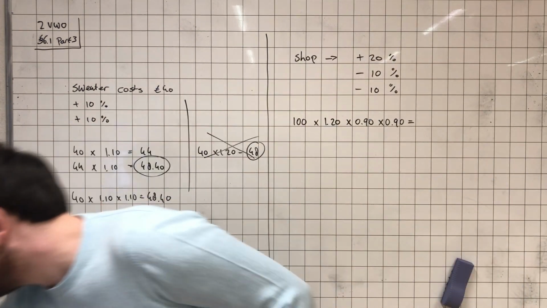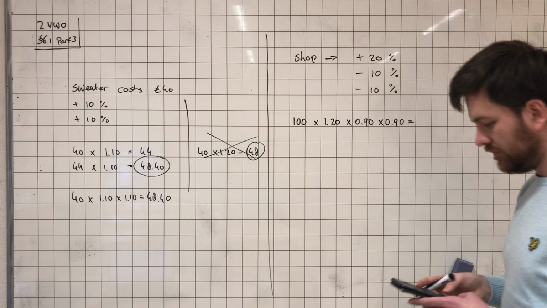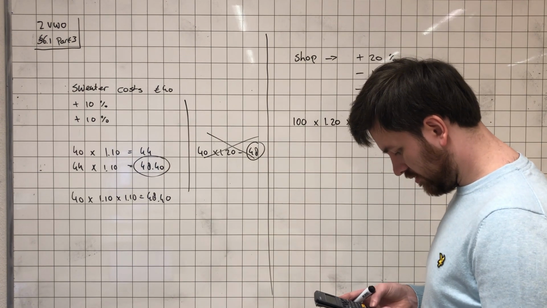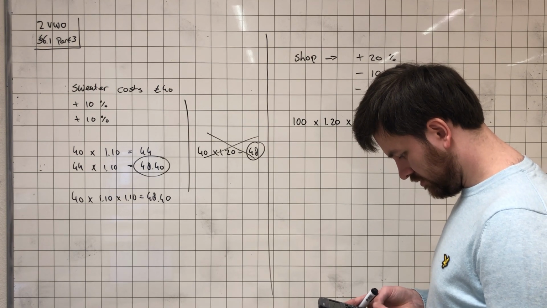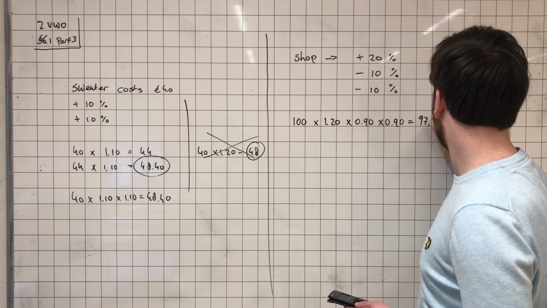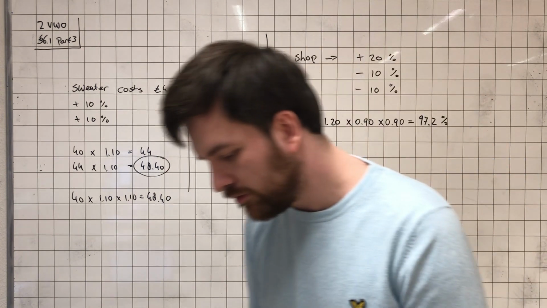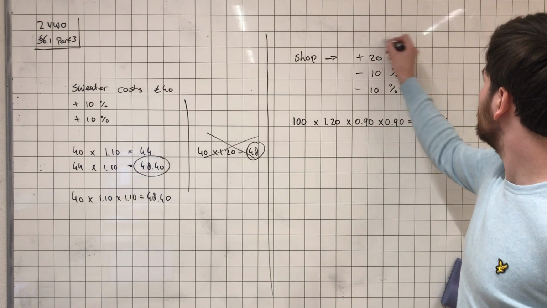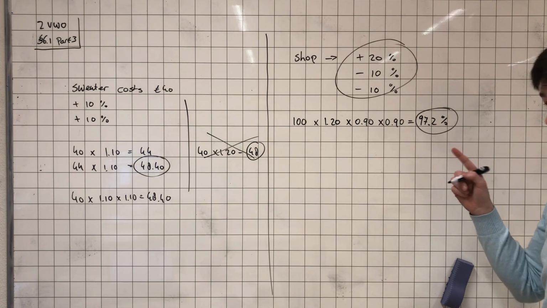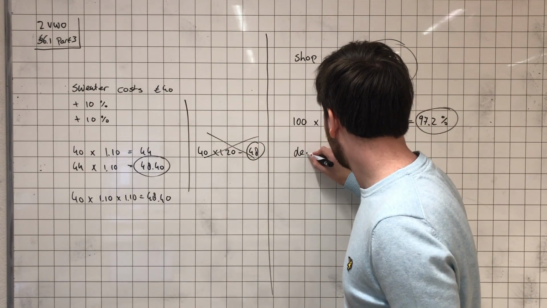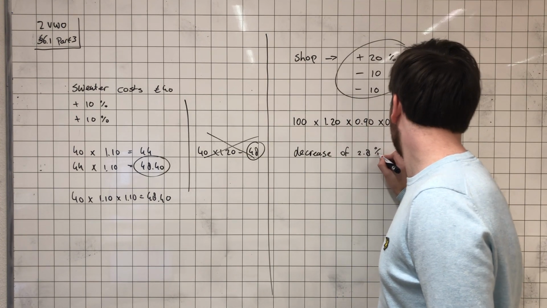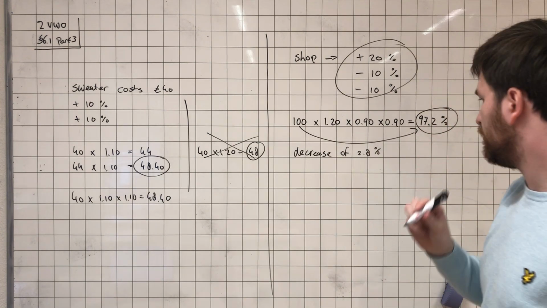And if you type that into your calculator, this is 97.2. So some of you might think that this should not change the price, but it does change our price. And how much does it change our price? It's a decrease of 2.8%. It should go from 100 to 97.2.